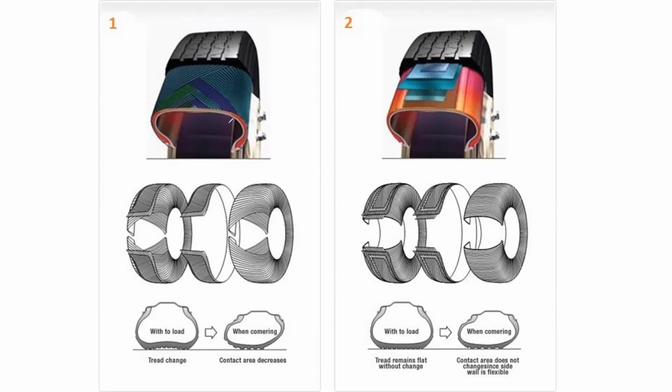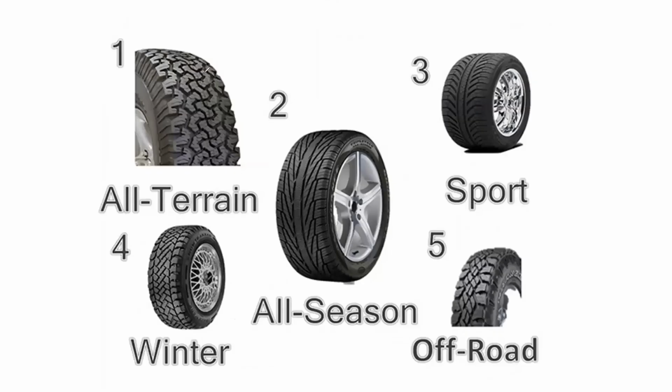But how the internal structure is aligned, how these internal ribs or the steel mesh or the fabric mesh are aligned, is very important for the performance of these types of tires. There are different types of tires.